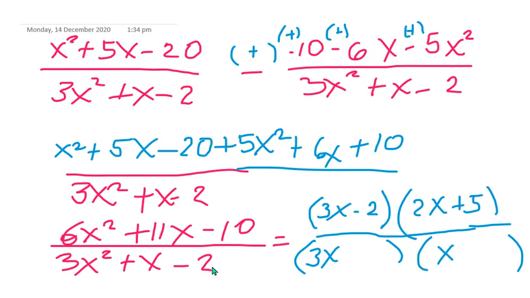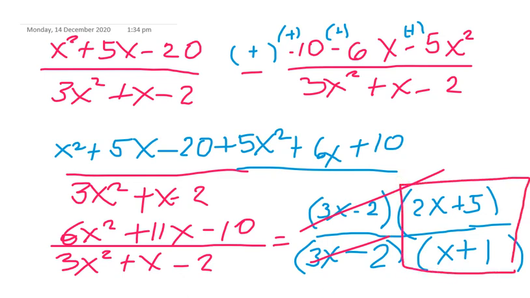This is 2, so we have here 2 and 1. This is minus, this is plus, because 2 times 1, negative, is negative 2. We have here 3 minus 2, x is positive 1. So therefore, multiplying with the same numerator, this is equal now to 1. So therefore, this is now your final answer. Okay? Next.